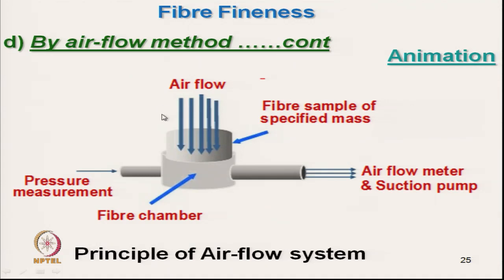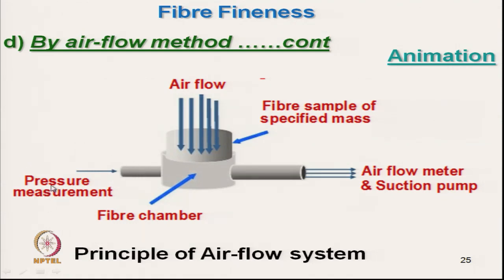Now, the principle here is that the specimen is packed in the fiber chamber. With the air suction arrangement, using a pump, air is sucked and flows, creating a certain air pressure.